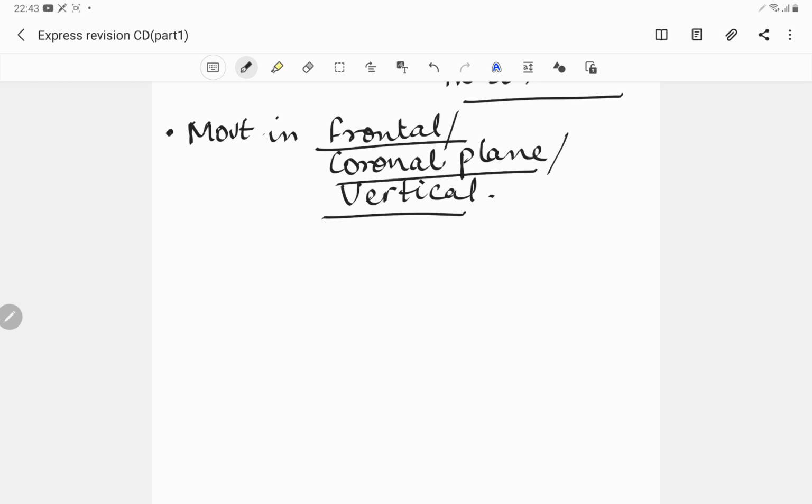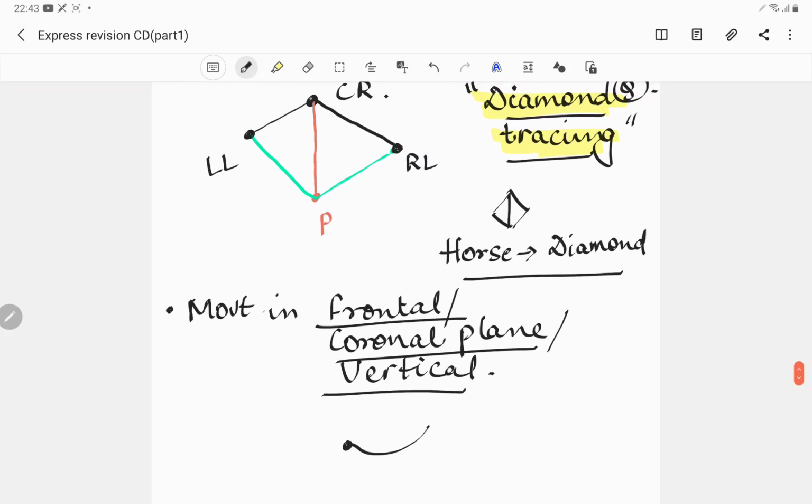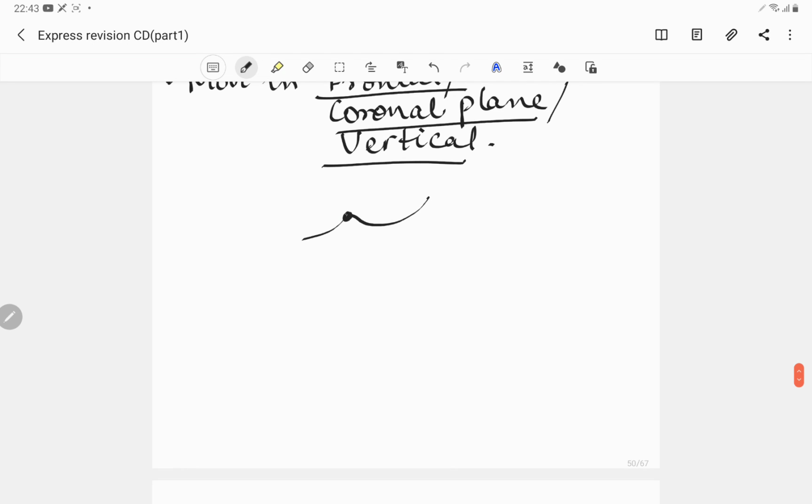Once we talk about the frontal plane, that means when the patient has closed the mouth, right? This is the point. And when the patient is taking it to the right, and then the patient is taking it to the left.